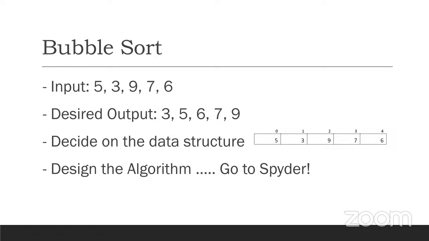So our input in this case, the data, is going to be a bunch of numbers. So I have 5, 3, 9, 7, 6. A quite small number of items. The desired output is the numbers being sorted. So in this case, 5, 6, 7, 9, which is sorted from the unsorted list, which was the input.